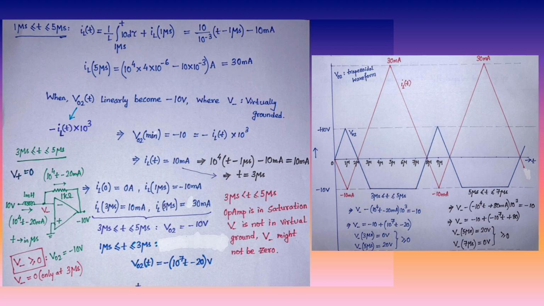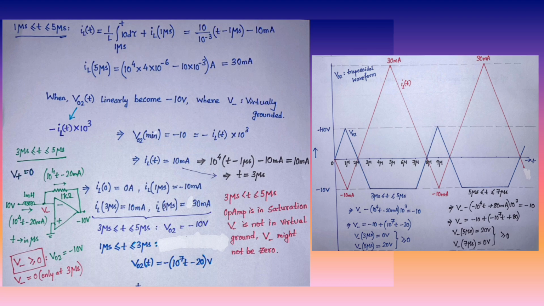At 1 microsecond my voltage was plus 10 volt. Now at 3 microsecond my output voltage VO2 will be minus 10 volt. It cannot go further down, because it is restricted to plus or minus 10 volt.